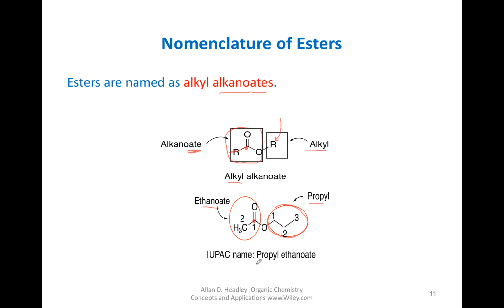So we name it as a propyl ethanoate. Notice ethanoate because it has 2 carbons over here. So again, you should be able to recognize the ester functionality, recognize the alkyl group that's bonded to the oxygen, name that first, and then the other portion is named as an alkanoate.